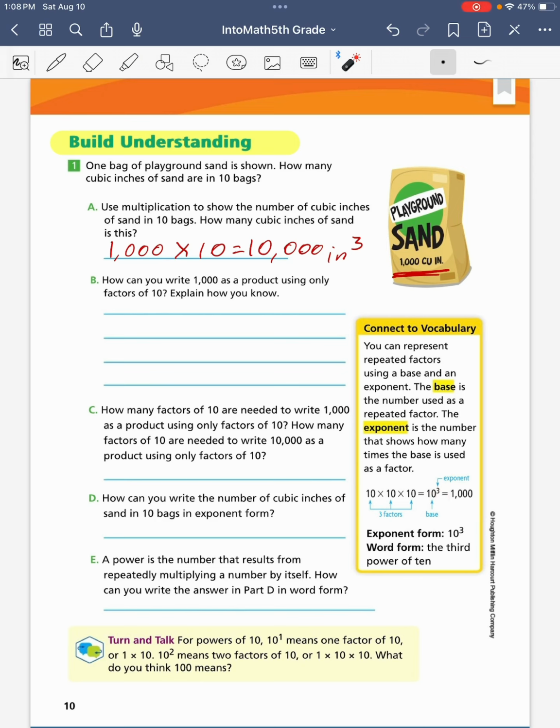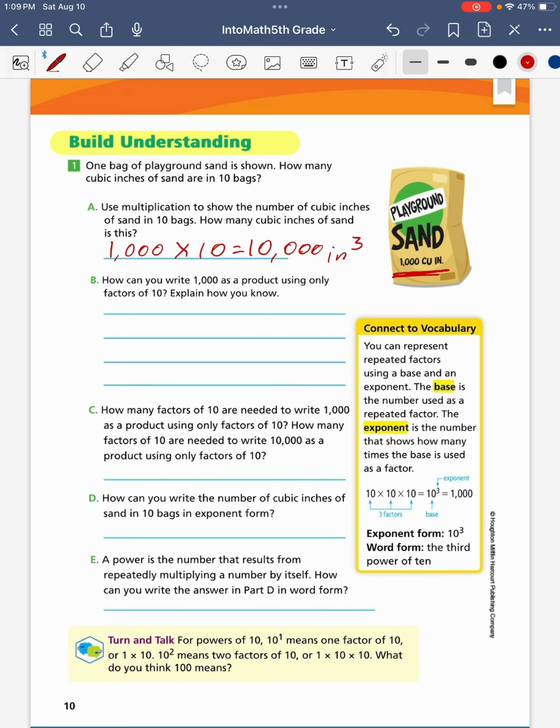My base is 10 to the third power. Using my exponent of 3, that's another way of representing 1,000. When we are asked to write it in exponent form, 1,000 would be written as 10 to the third power. In word form, we can say the third power of 10, or 10 to the third power.